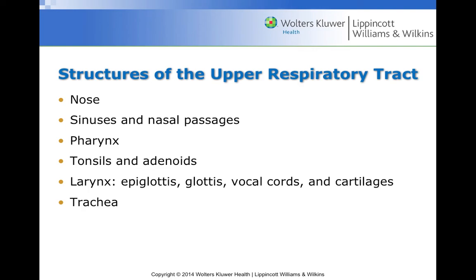You want to know what each structure does. More importantly, looking at your tonsils, you want to know that these serve as a guard to the body from the invasion of microorganisms. We want to keep all the bad stuff out. So they serve as a guard back there at the back of your throat.